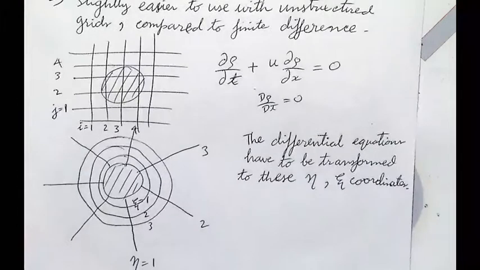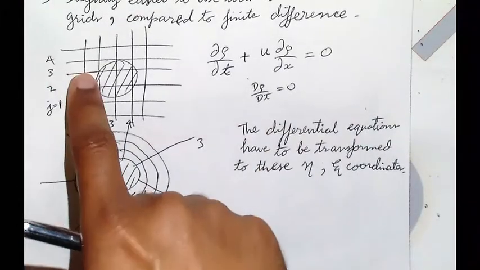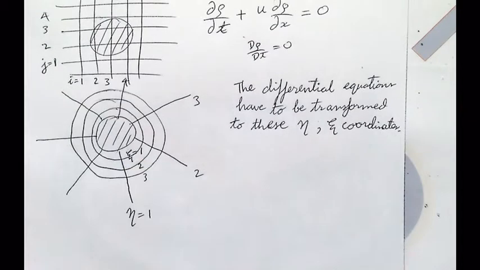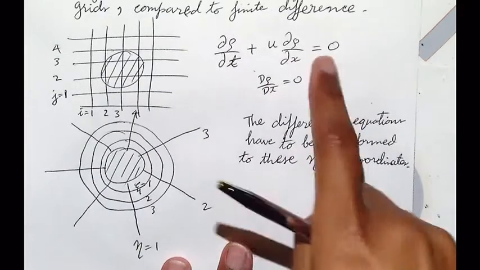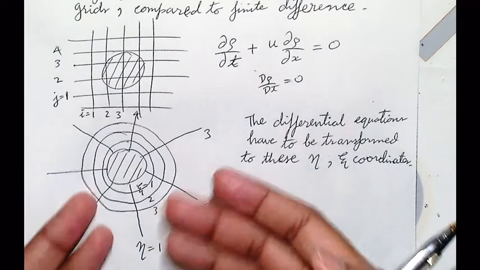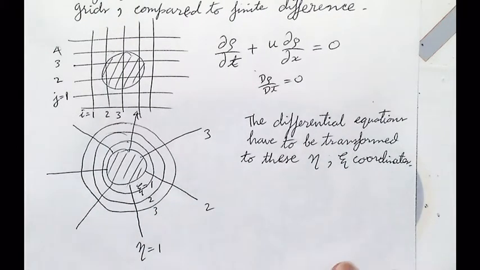And you can do that if you know how x, y are related to eta, xi as a function. We just apply the chain rule. Okay, fine, that works for this nice grid, it's feasible.